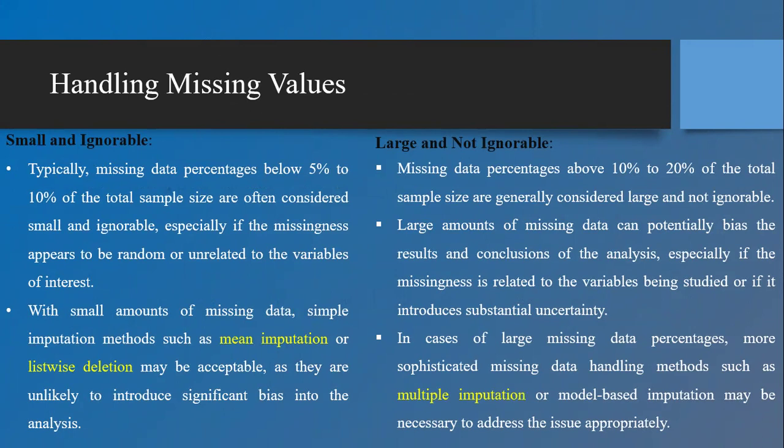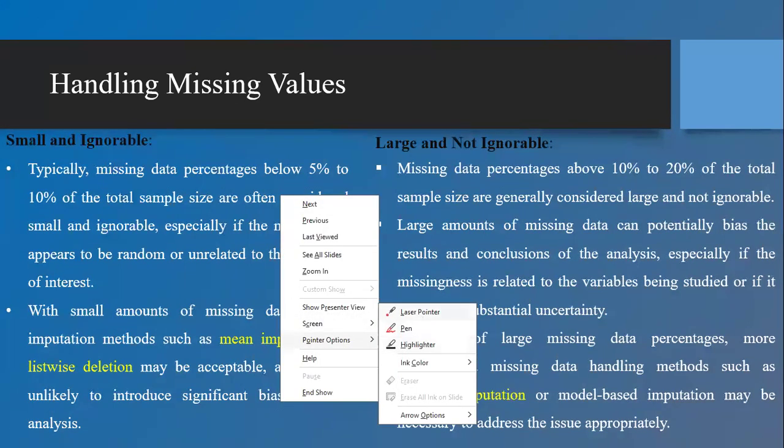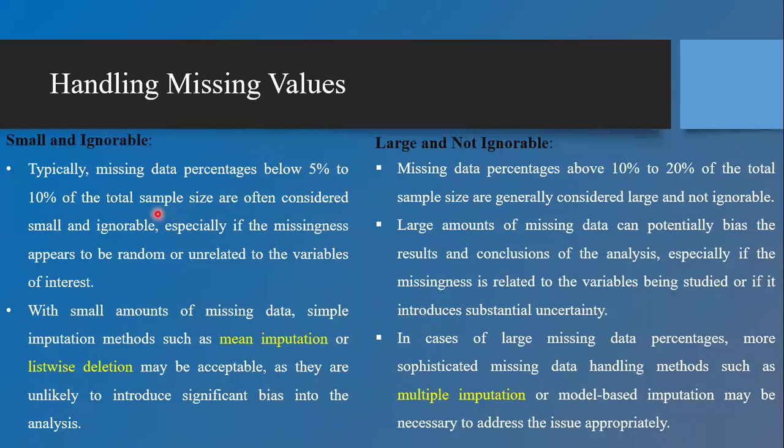You need to understand the difference between when the missing values are ignorable and when they are not. Typically, missing data below 5% to 10% of the total sample size is often considered small and ignorable. So if the missing values are below 5% of your total sample size, then you can ignore them.